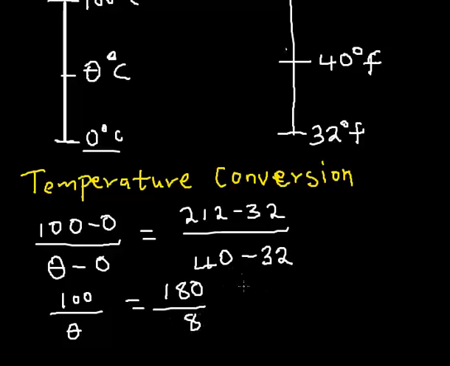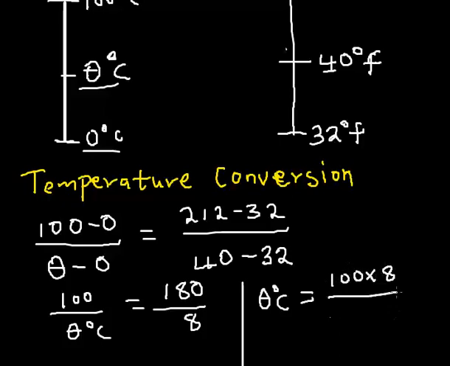If I cross multiply and make theta the subject, my theta degrees Celsius, the temperature in Celsius equivalent to 40 degrees Fahrenheit, is going to be 100 times 8, divided by 180. As simple as that. In fact, everything that has to do with temperature conversion is just this principle.